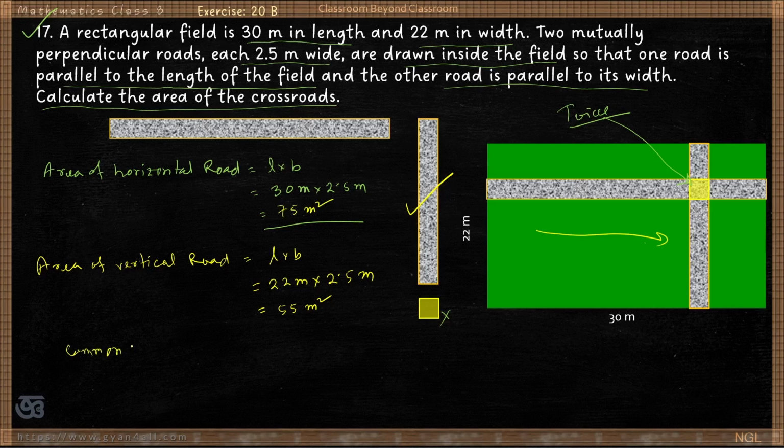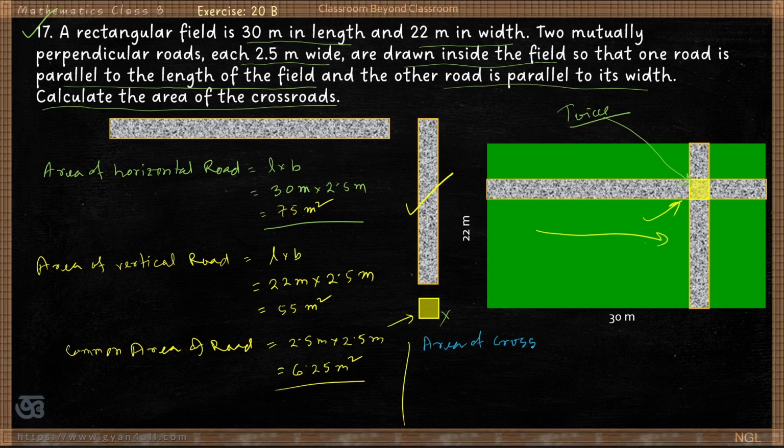So what is the common area of the road? Is this area, which is counted twice, and that is equal to 2.5 meter multiplied by 2.5 meters, and that is equal to 6.25 meters square. Now what is the actual area of the crossroads?